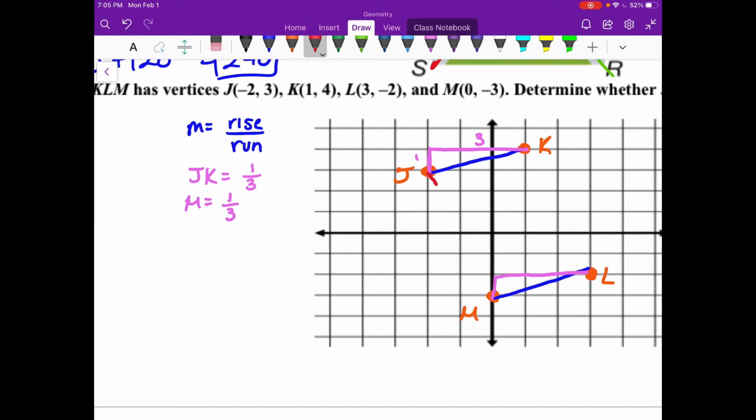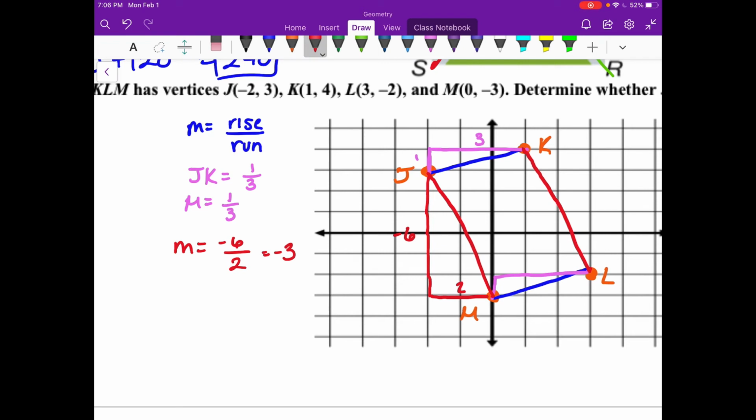Now let's check JM. We're going to go down and to the right just because I don't want to overlap. So let's go down 1, 2, 3, 4, 5, 6. So we went down 6 over 2. So that slope is negative 6 over 2, which simplifies to negative 3. Now do it again on KL.